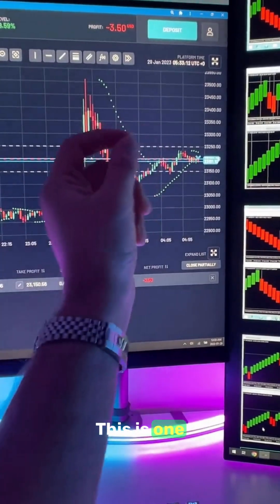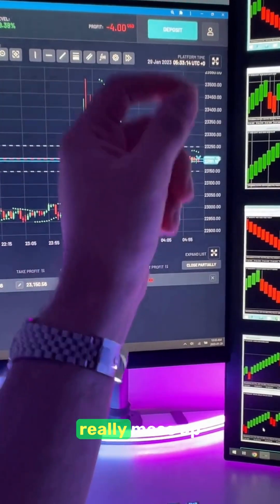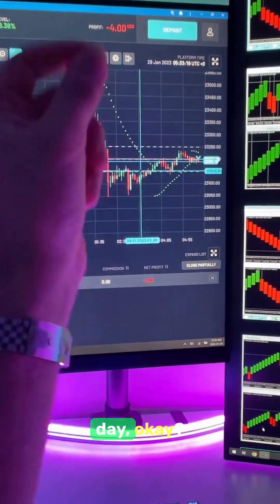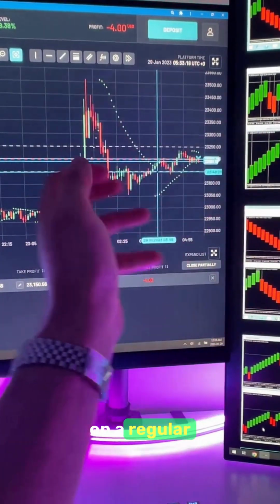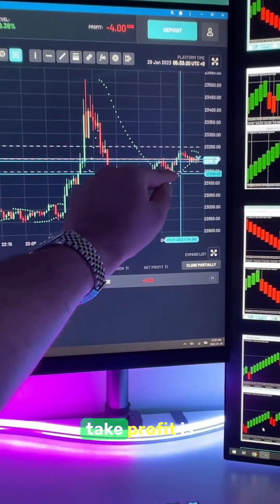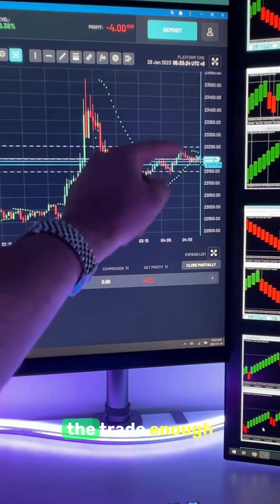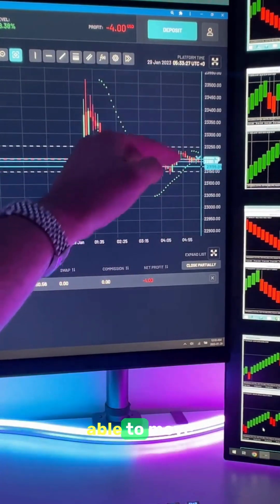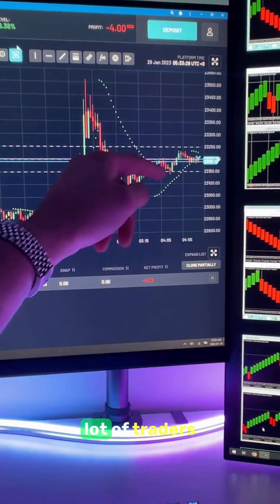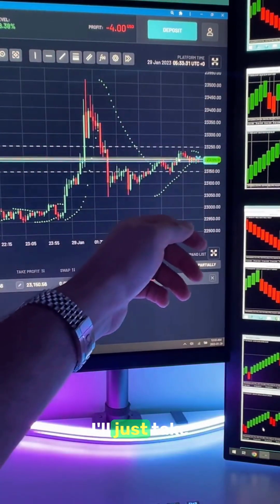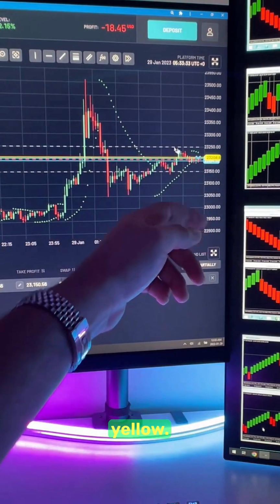Because look, here's the thing. This is one thing that a lot of traders really mess up with every single day. This is one mistake I see on a regular basis. For example, you can see my take profit is right there and my stop loss is right there. Now, I've given the trade enough room to be able to move up and down. Whereas what a lot of traders will do is, I'll just take this line, let's just make it yellow.